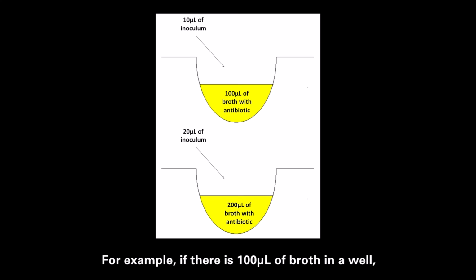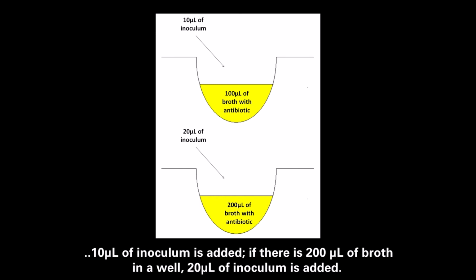For example, if there is 100 microliters of broth in a well, 10 microliters of inoculum is added. If there is 200 microliters of broth in a well, 20 microliters of inoculum is added.